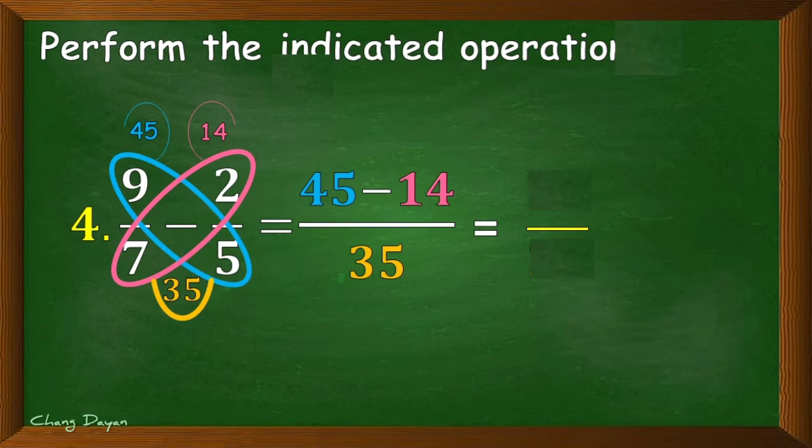Proceed tayo sa subtraction ng numerator. 45 minus 14, the difference is 31. And just copy the denominator, 35. Ito ay wala ng lowest term, kaya ang 31 over 35 ay final answer na.